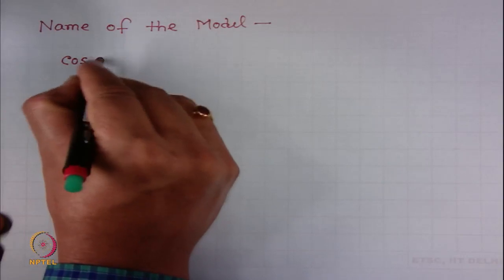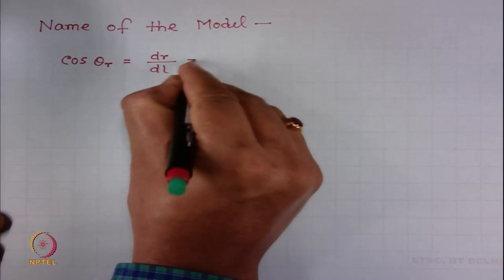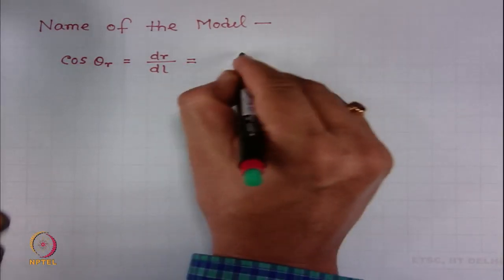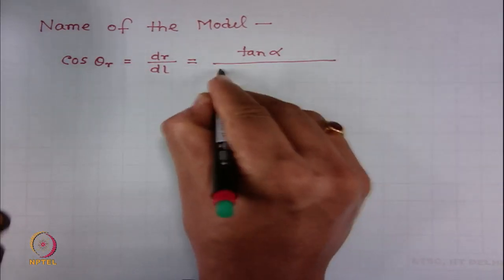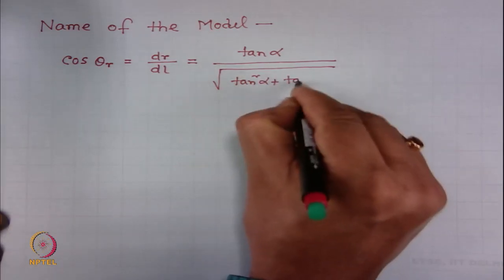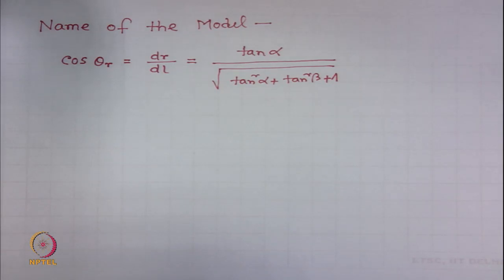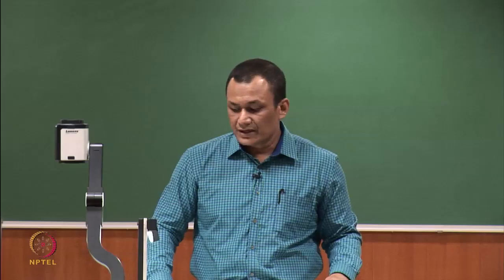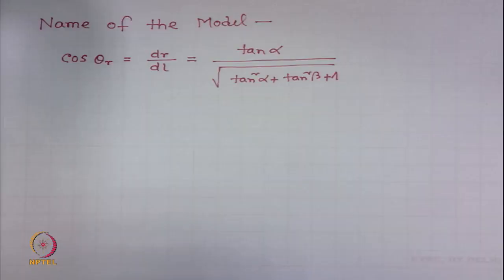If you remember, at one point of time we derived this expression. In fact, we derived it at the beginning of this module. dr by dl is equal to tan alpha divided by square root of tan square alpha plus tan square beta plus 1.